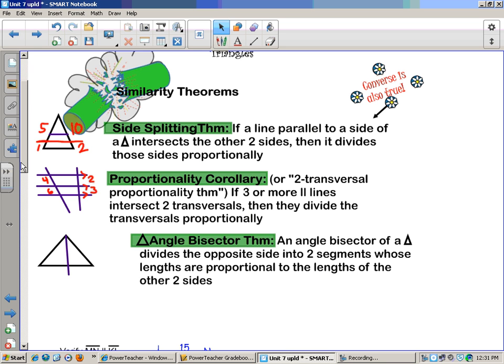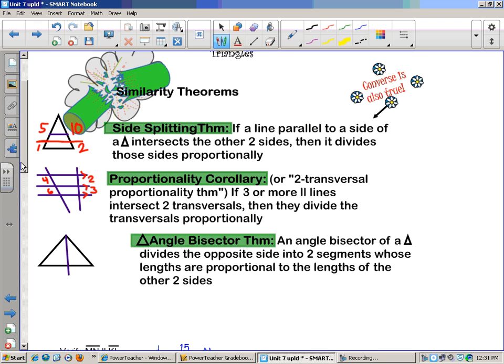If you draw an angle bisector in a triangle, the side that the angle bisector intersects, it will cut it into 2 pieces that have the same proportion as the sides that are not split. Okay?